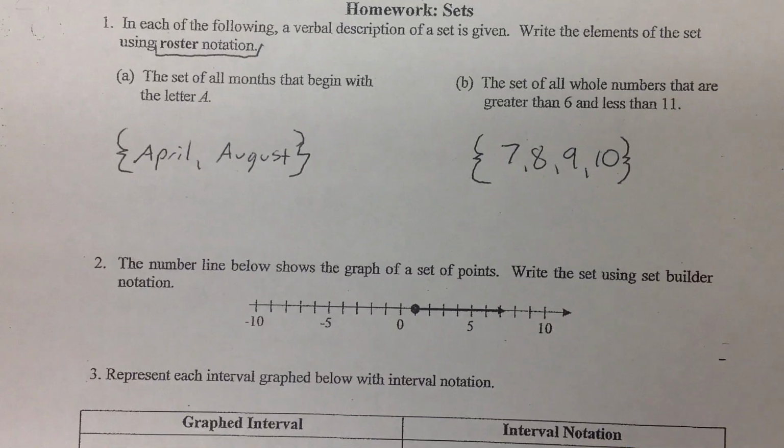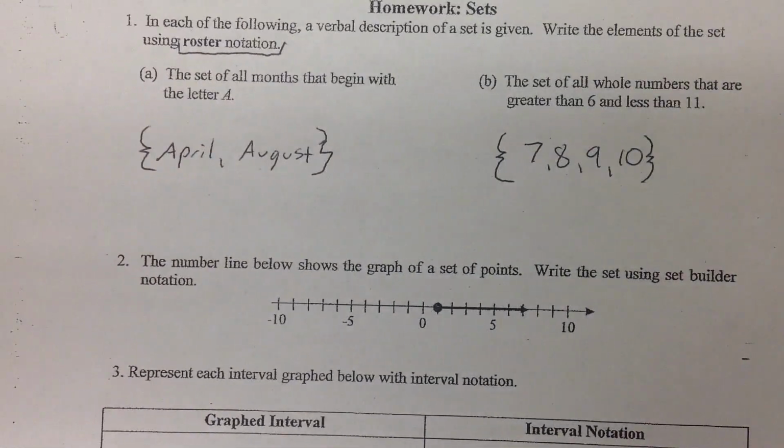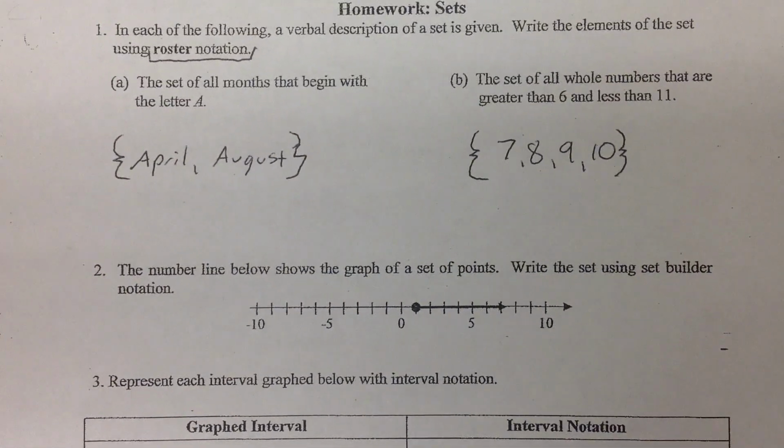Moving on, number 2. The number line below shows the graph of a set of points. Write the set using set builder notation. Now, as we talked about during class, set builder notation is just the more formal way of writing an inequality. It's no different than writing an inequality. We just put a little extra notation to make it look more formal.